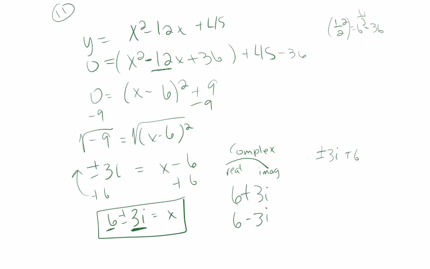Oh, complex conjugates. I'm going to give you another vocabulary word: complex conjugate. Complex numbers always travel in pairs.